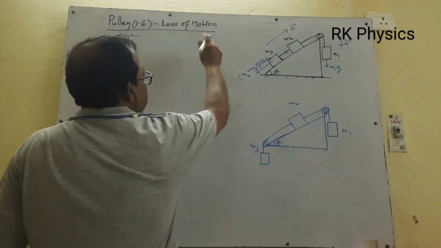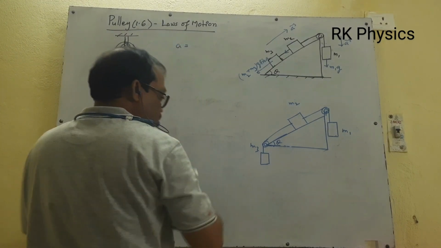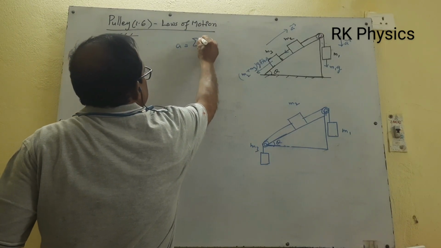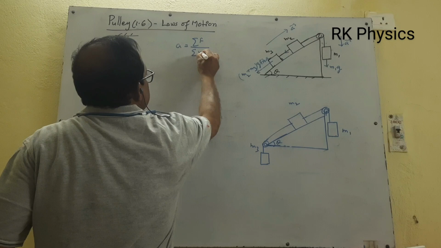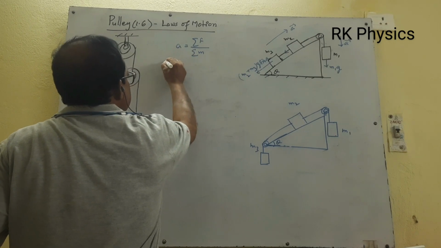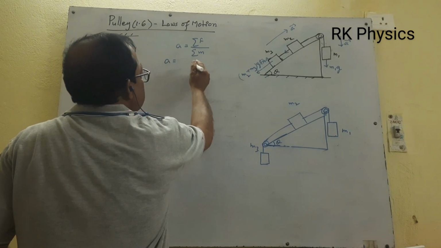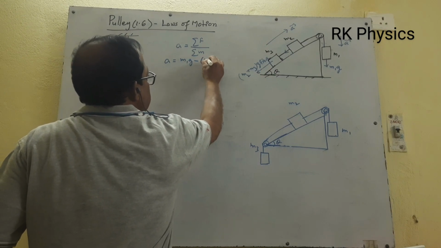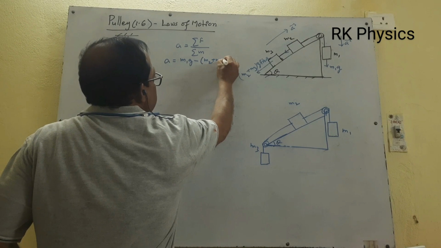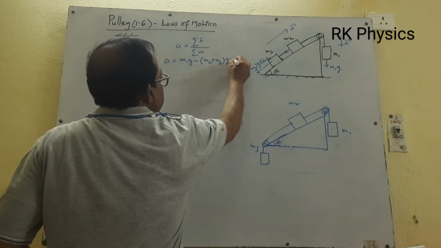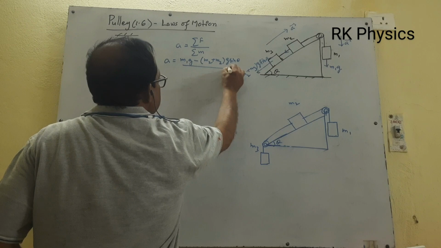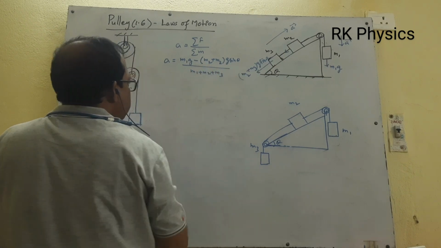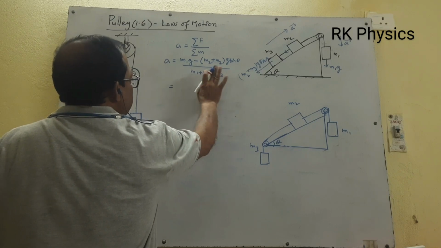So you can write acceleration is equal to total force divided by total mass of the system. This is your common formula. The total force is M1 g vertically down minus (M2 plus M3) g sin theta, which is opposite to the motion, divided by M1 plus M2 plus M3, the total mass.